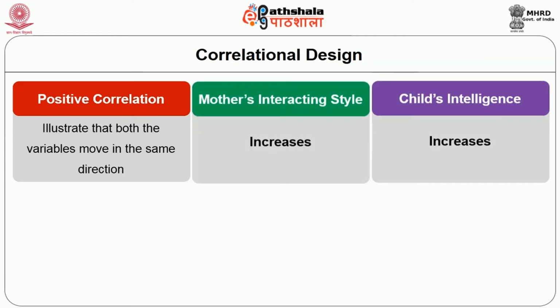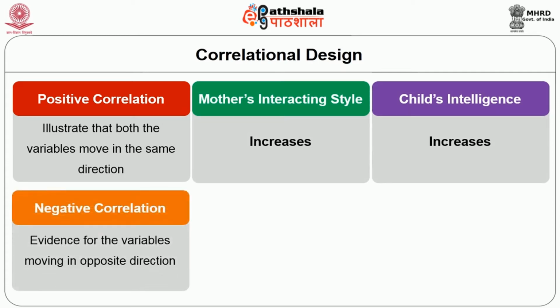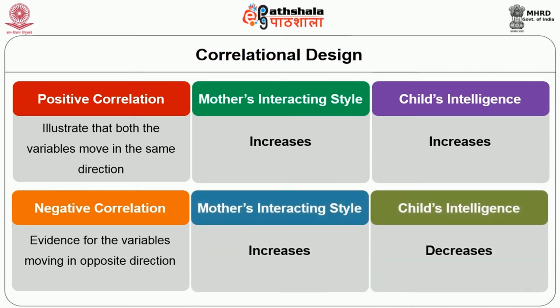In other words, when mother's interacting style increases, the child's intelligence increases. A negative correlation becomes evidence for the variables moving in opposite direction, which means that when the mother's interacting style increases, the child's intelligence decreases. But the zero correlation confirms no effect between these.